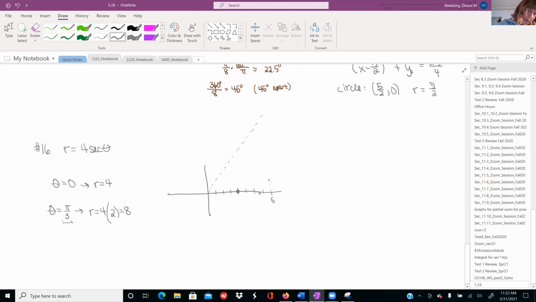So I'd want to go out to that circle of radius 8. My picture is bad. It's really important to have an accurate picture in this one. So let's see. How do I want to draw this circle? I hate that this won't let me move it, or will it?